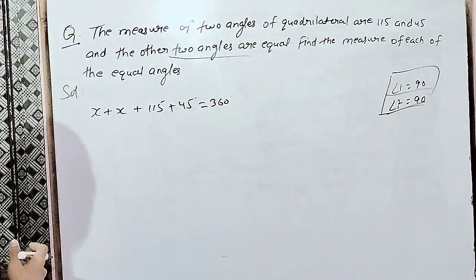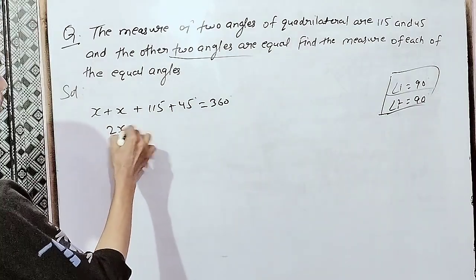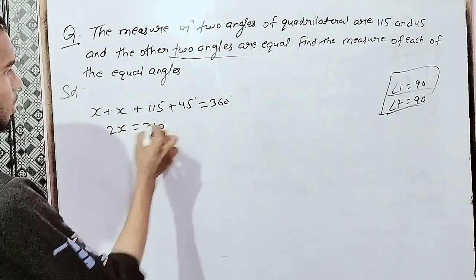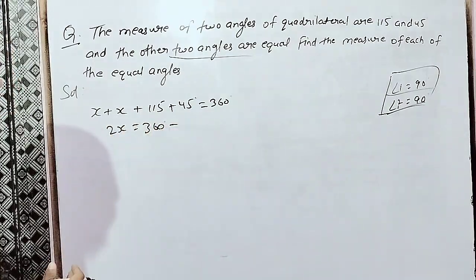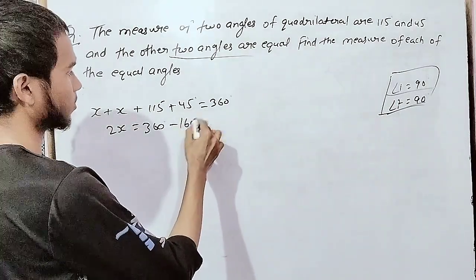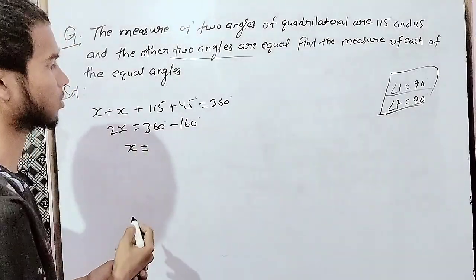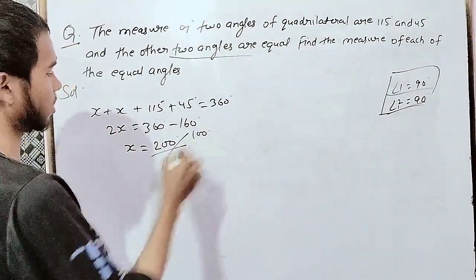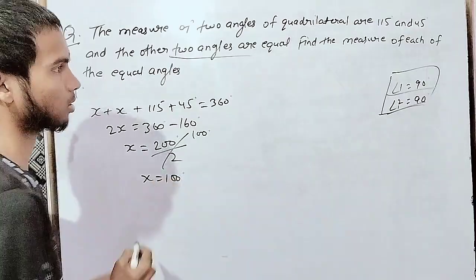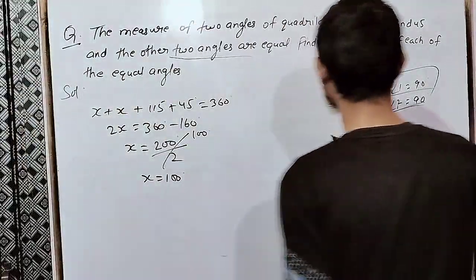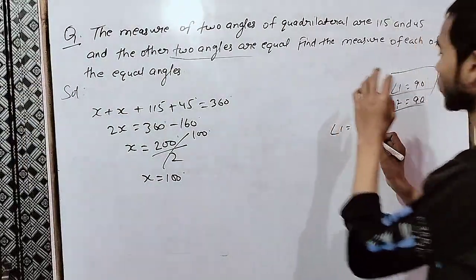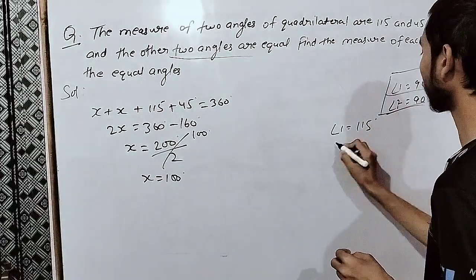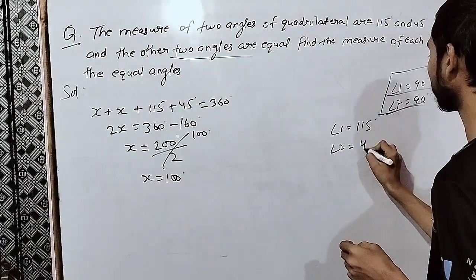Now just as a linear equation, 2x equals 360 minus 150 minus 45, which is 160. So how much? 200 upon 2 would be 100. x is 100. So the value of one angle is 150 and the value of the second angle is 45.